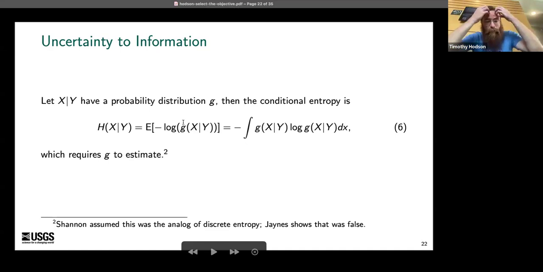And what is that? Well, I'm just going to read this: let X given Y, p is given by this equation, which is probably familiar.